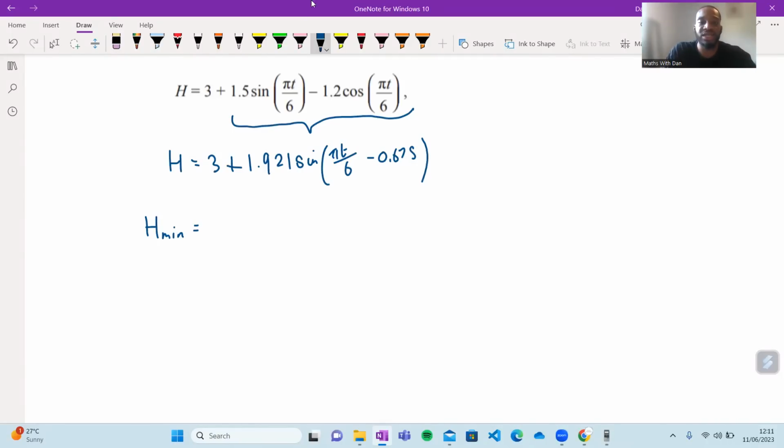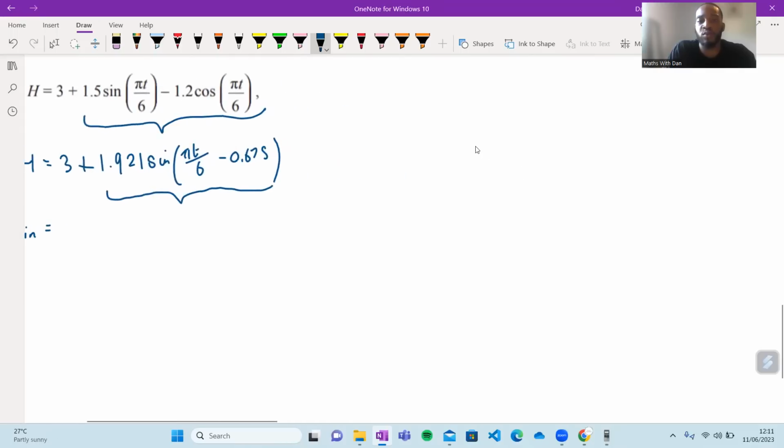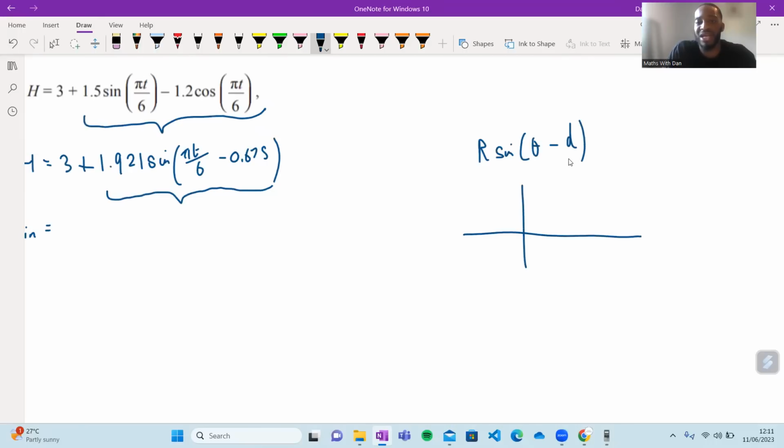What you need to recognize is that all you have here is just a sine graph that's been stretched vertically. For example, the general format is r sine theta minus alpha. If I was to draw this, this minus alpha just means that it moves to the right by alpha, so it doesn't affect how high or low it goes.